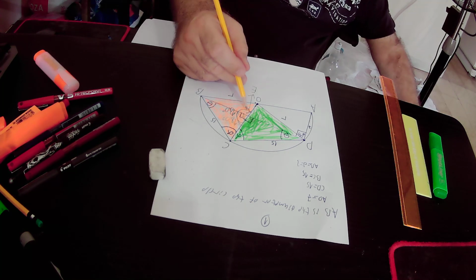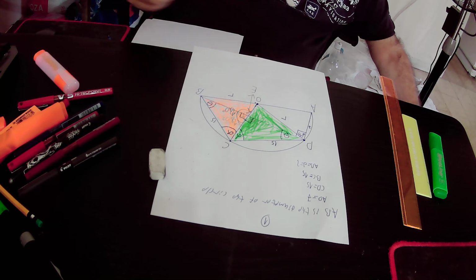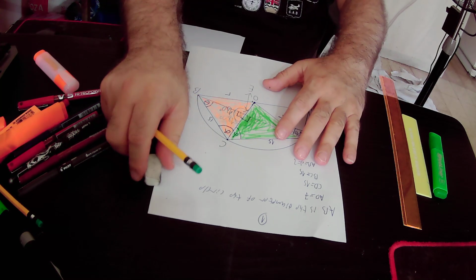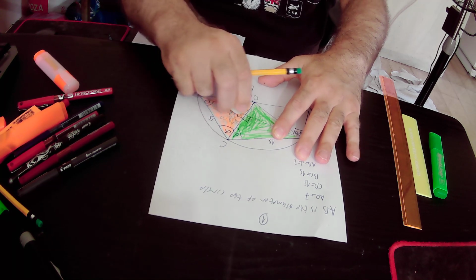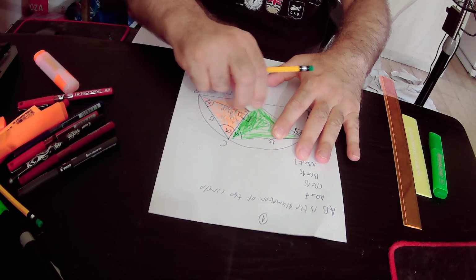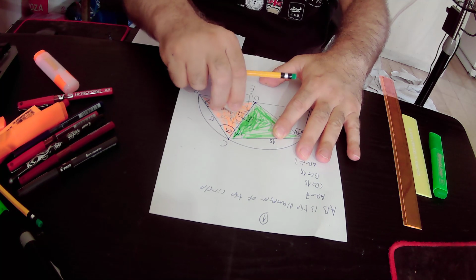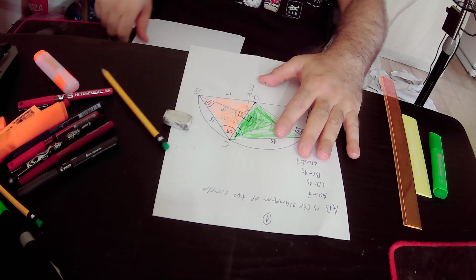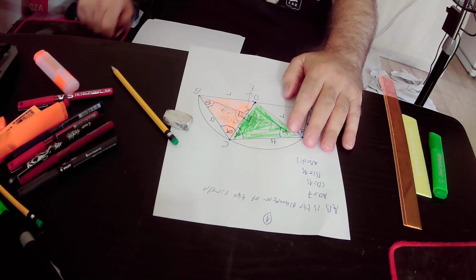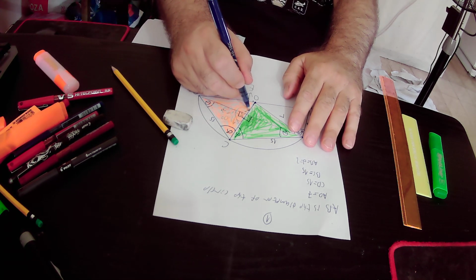Angle BEO equals 90 degrees, so actually this is a right angle.